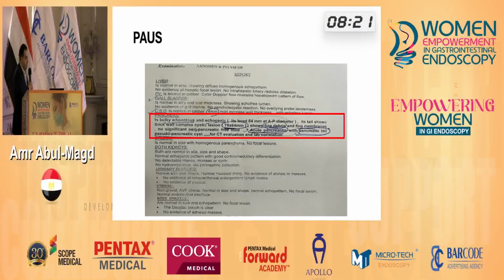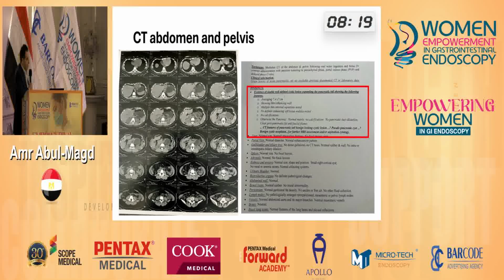But there is a problem here in the CT: the cyst was related distally to the pancreatic tail, associated with thickening of the wall of this cyst. So there is some debate here: we have a cyst post pancreatitis, but there is abnormal location and abnormal features of a pseudopancreatic cyst.